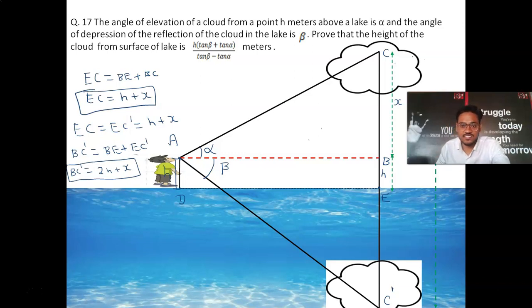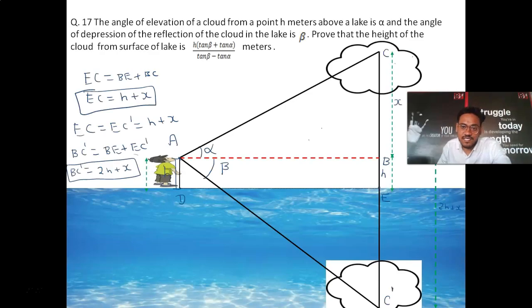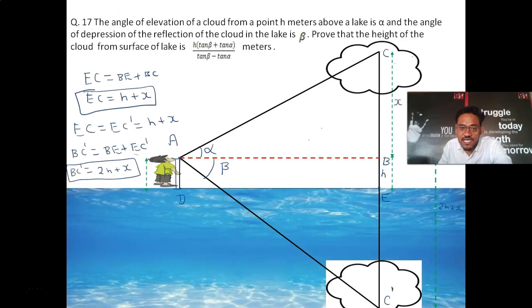Now let's solve the question. See, let me write here 2H plus X. Now can you observe the two triangles? In triangle ABC, if I observe tan alpha, just tell me what is the tan alpha.